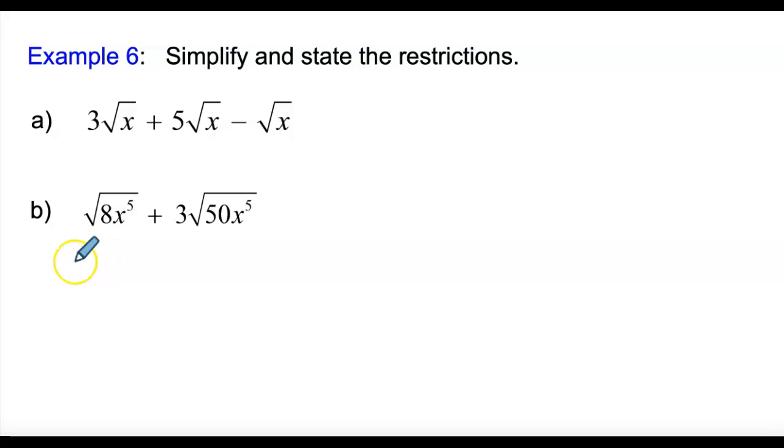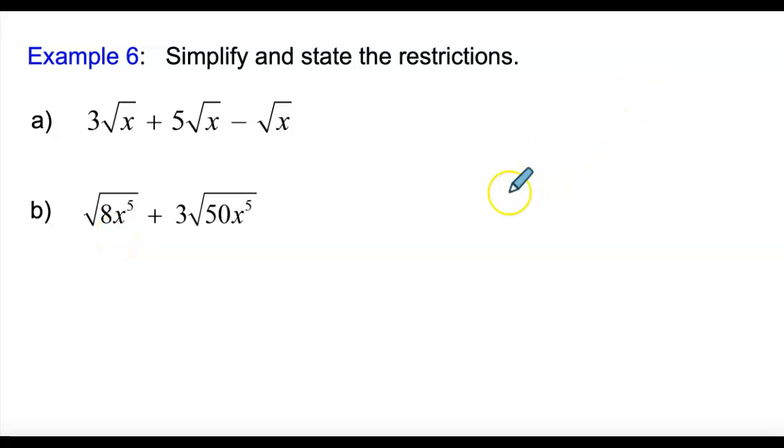We have the square root of 8 times x to the power of 5 plus 3 times the square root of 50 times x to the power of 5. Paying attention to the first radical, we have x to an odd power, and we're taking the square root of that odd power.